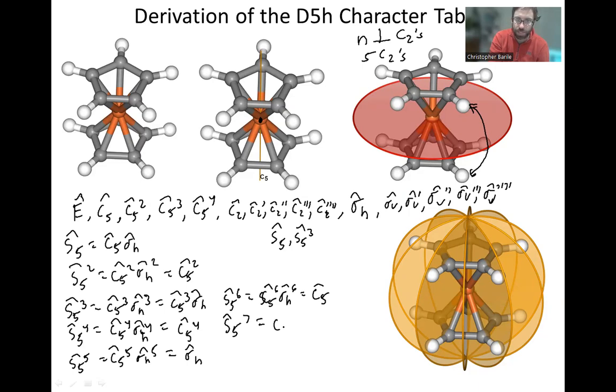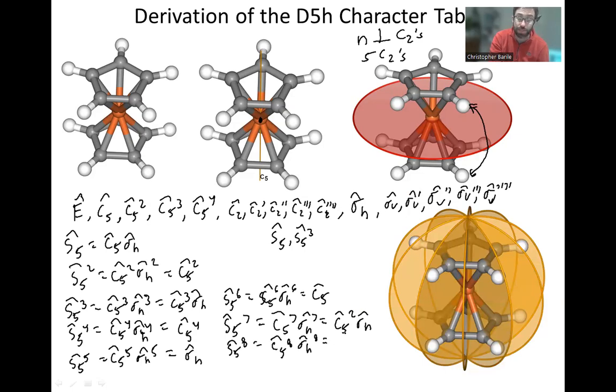What about S5 seven times? S5 seven times is C5 seven times followed by sigma h seven times. C5 seven times is the same as a C5 seven minus 5, right? C5 five times is identity, so it's a C5 twice, followed by sigma h because we have an even number of flips, and that's unique. And then an S5 eight times is equal to a C5 eight times followed by sigma h eight times.